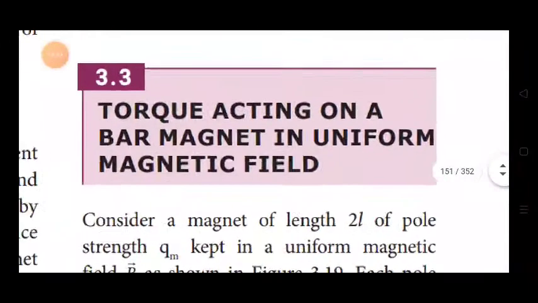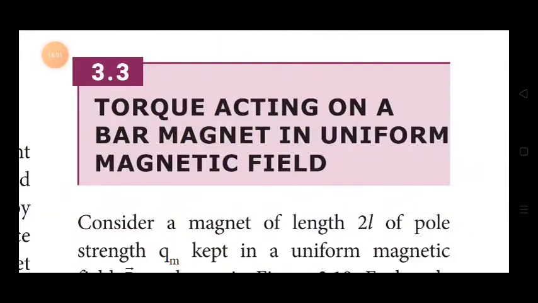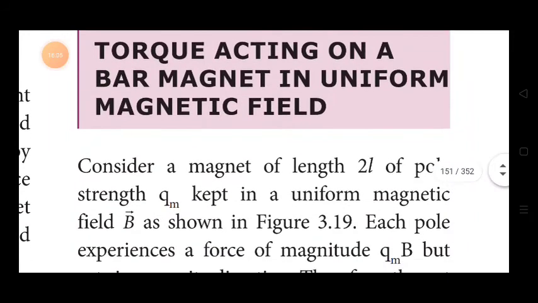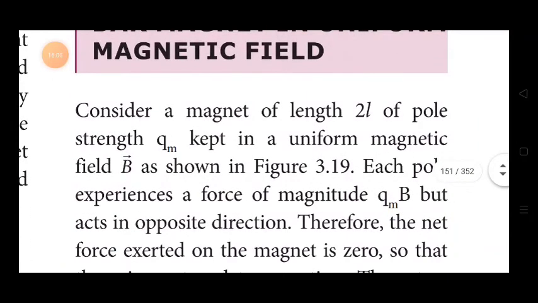The next topic is torque acting on a bar magnet in a uniform magnetic field. Consider a bar magnet of length 2L and pole strength Qm kept in a uniform magnetic field.